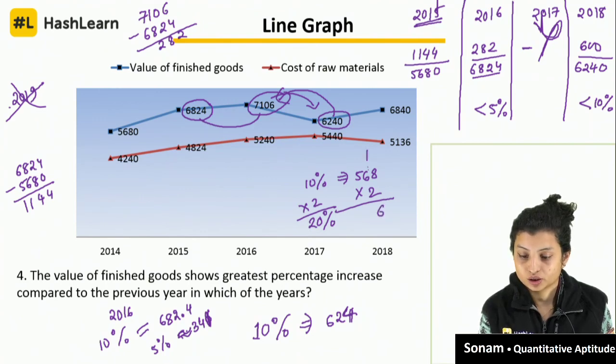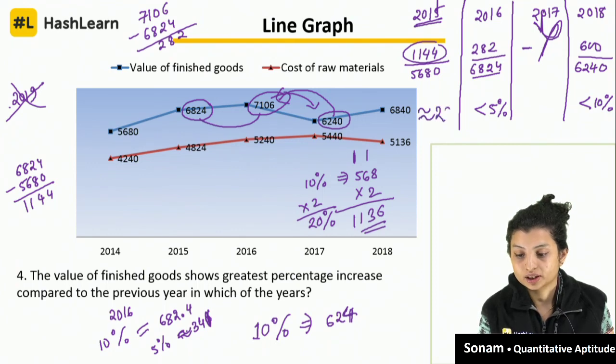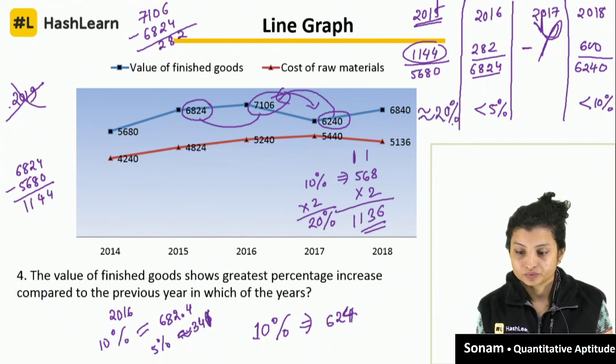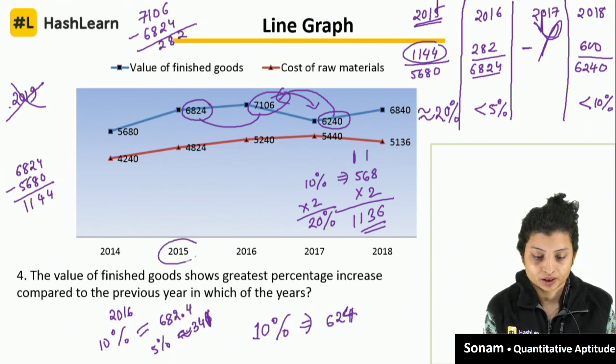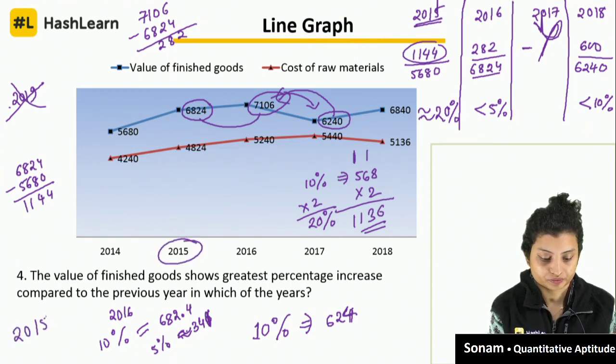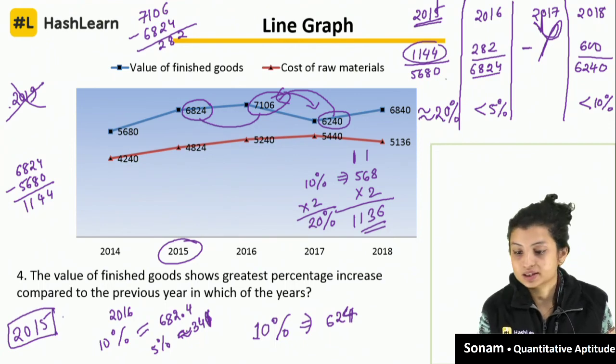This will be 12, 13, so 5 2s are 10. Yeah, this number is slightly greater than that. So this answer is slightly greater than 20%. So for which year does the value of the finished good show the maximum percentage increase over the previous year? That is 2015. Okay.